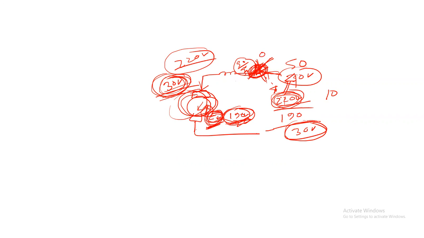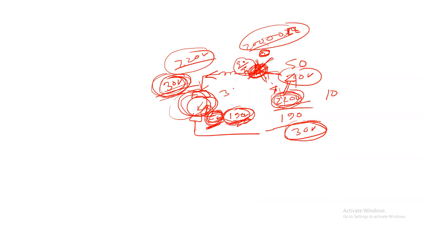At first the starter resistance is very high, then it decreases and the voltage increases. At the last moment the resistance is 0, and the full 220 volts passes through this section.